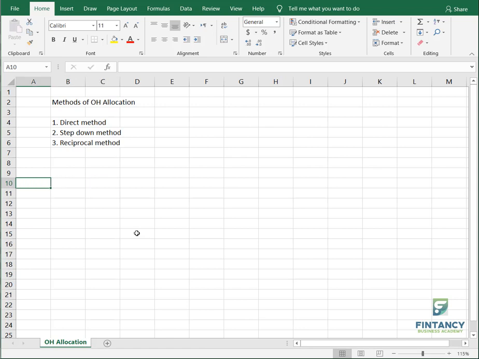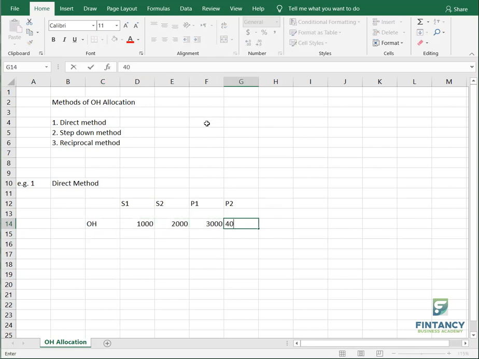So I will create some columns for S1, S2, P1, P2, and then I'm writing their relevant overheads here: 1000, 2000, 3000, 4000. Got it?